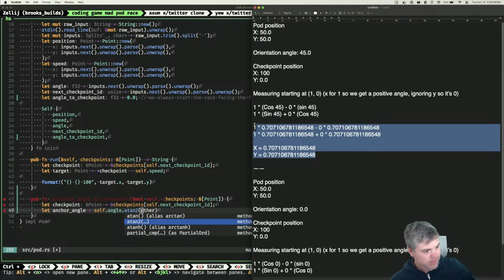So a sine cosine of an angle returns an x and a y. Atan2 of x, y returns an angle.